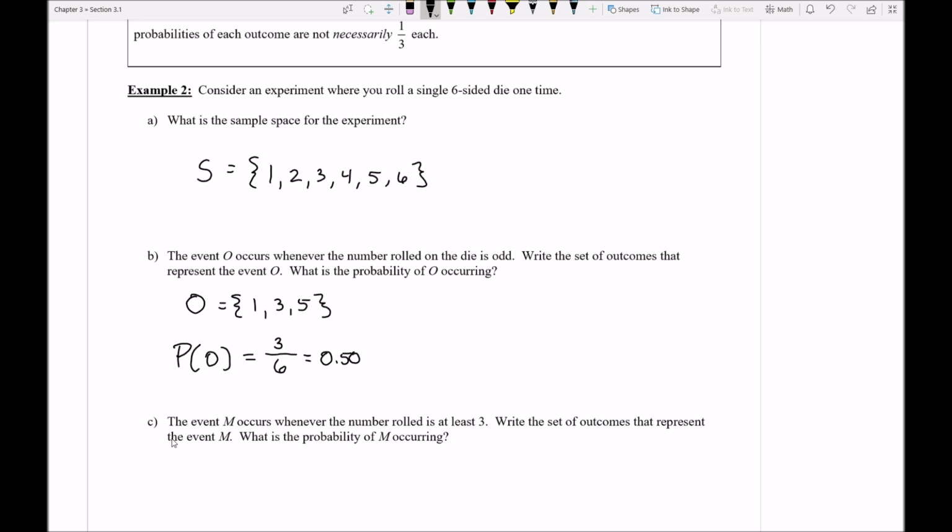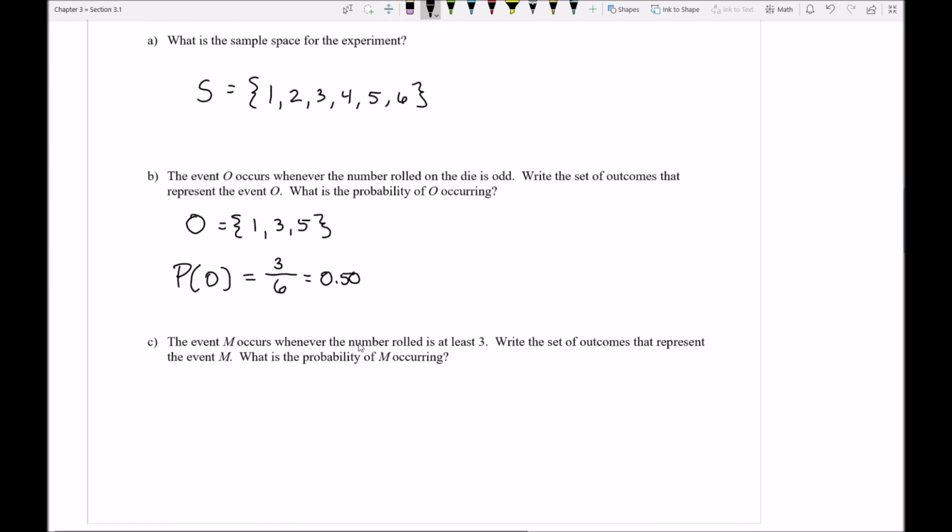Take a look at the event M. M occurs whenever the number rolled is at least 3. So notice that means 3 or larger, because 3 is the least number that you can roll. So what would be the items that make up the event M? Well, if 3 is the least, then I could do 3, 4, 5, or 6.